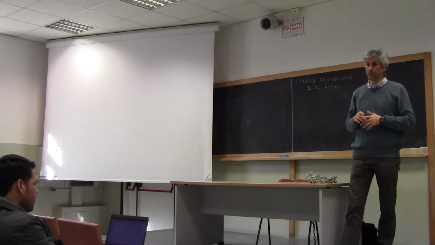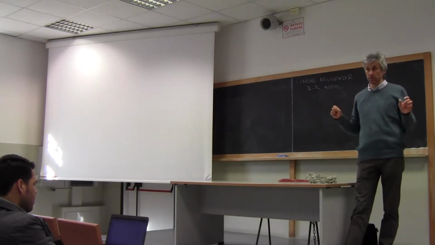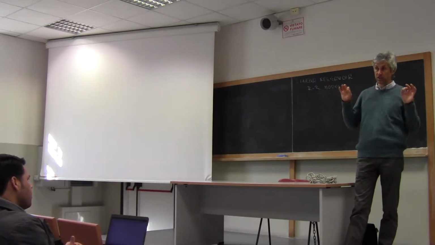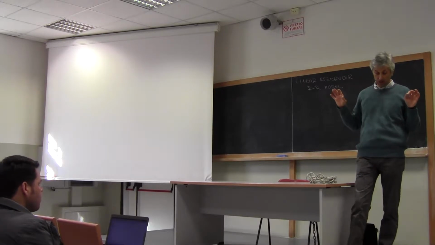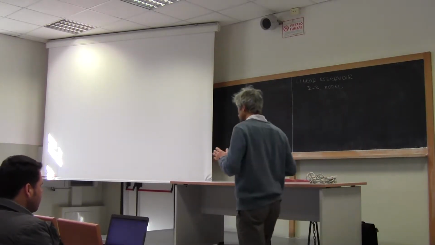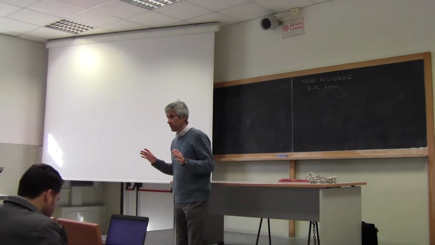Linear means that the relationship between the river flow and the rainfall is linear. And I think this is an important premise. What does it mean that a model is linear?